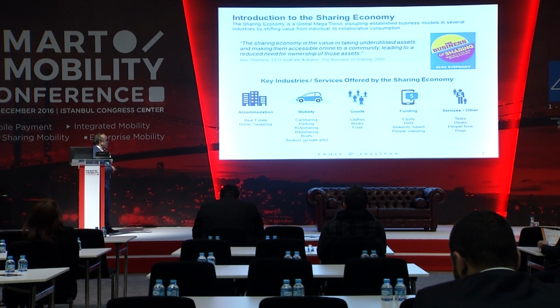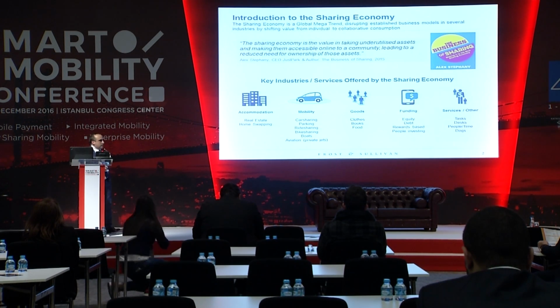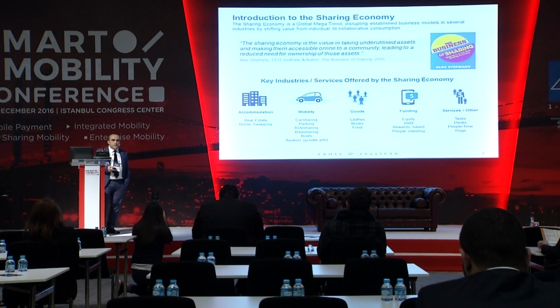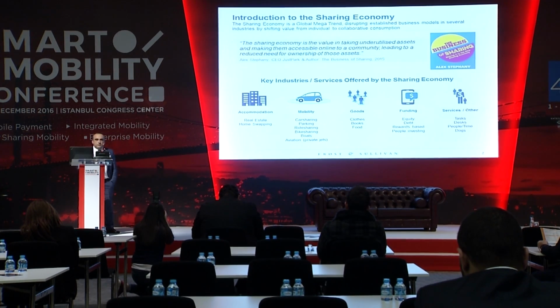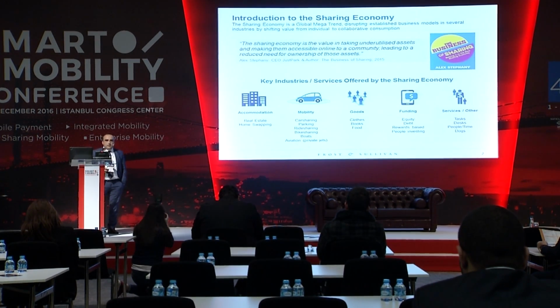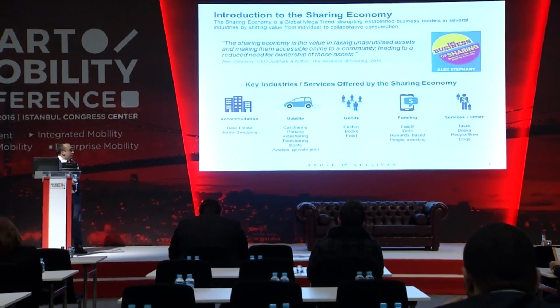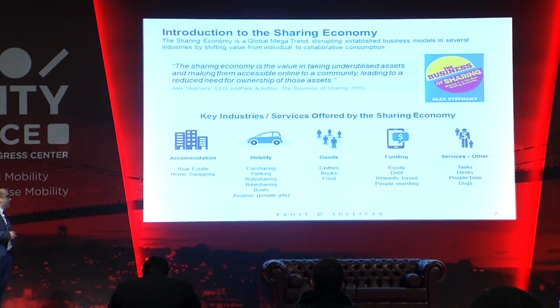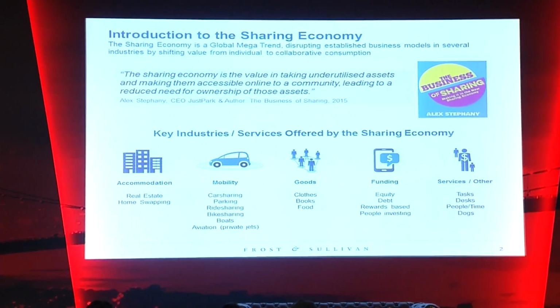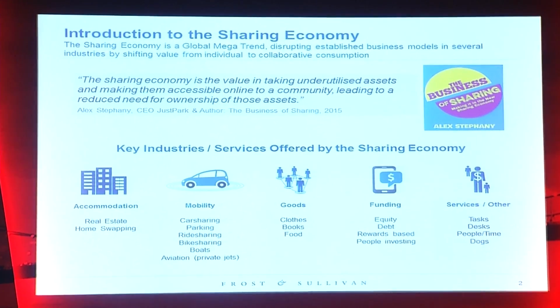Let me give you some examples. Accommodation is one of them. In accommodation, as I said, there are some unutilized or underutilized assets. What are they? Our homes, rooms, or summer houses. In mobility, we have examples like car sharing, parking, ride sharing, and bike sharing.